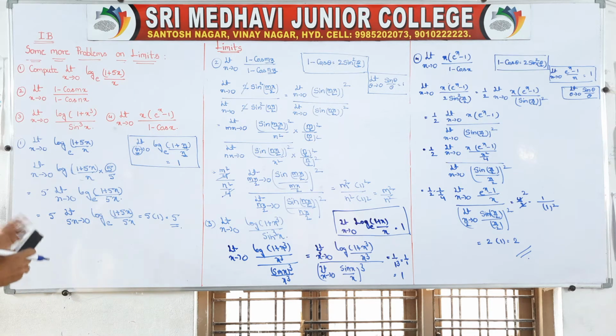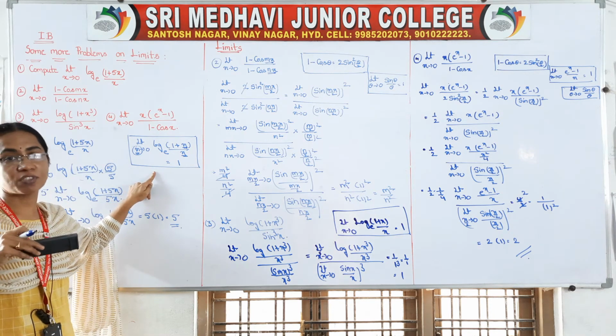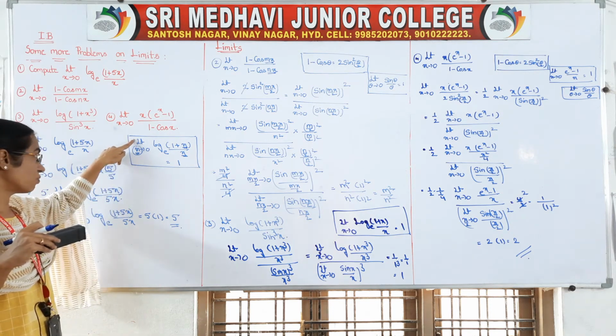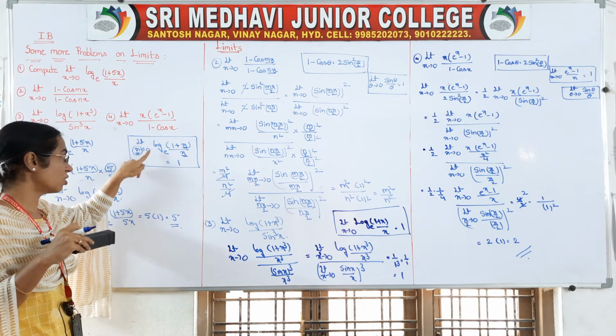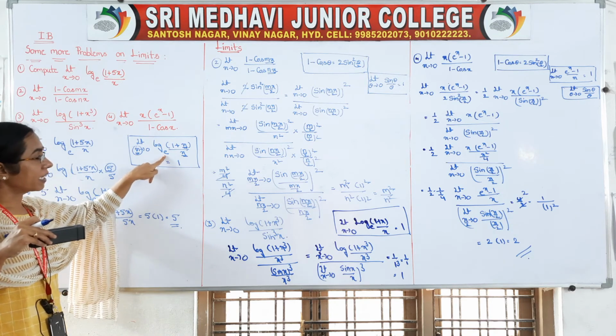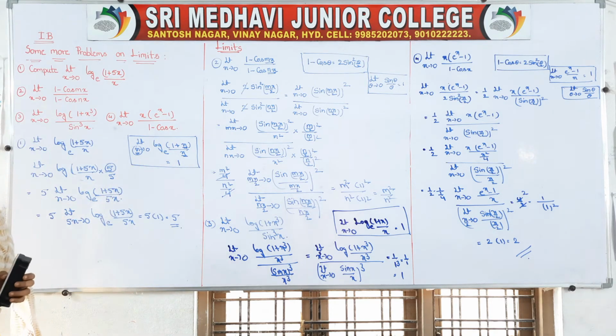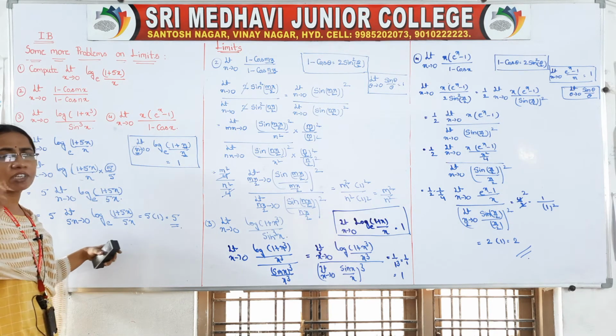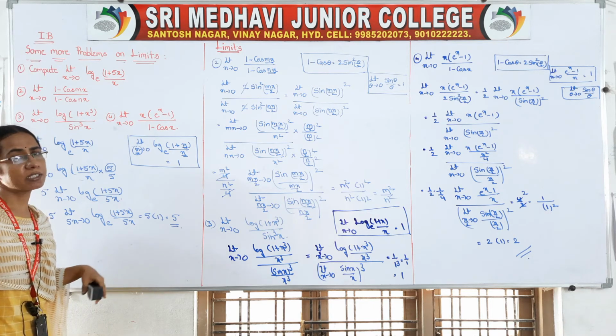Okay, so now we did all the 4 problems. In all the 4 problems, if you observe, we used some standard formulas of the limits. In the first problem we used limit x tends to 0 log of 1 plus x by x, base e. This is called base e. Sometimes they will give this base e, otherwise it is not given.